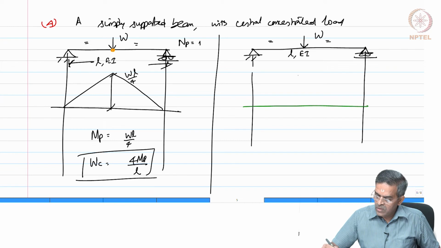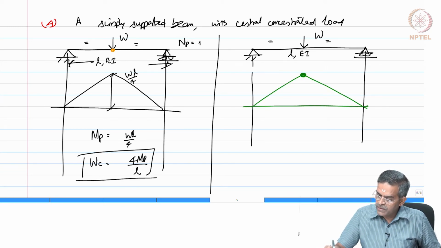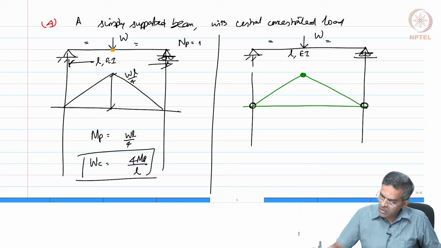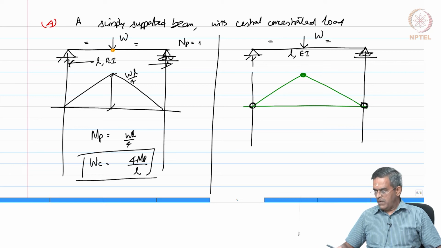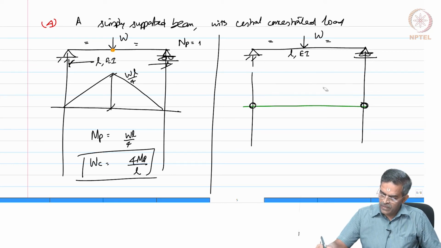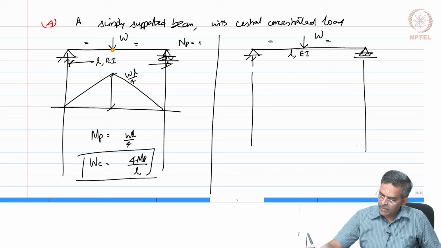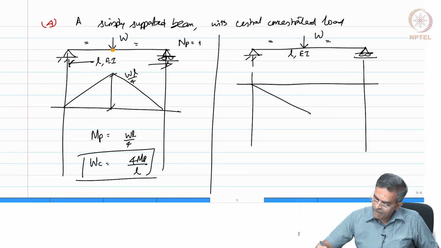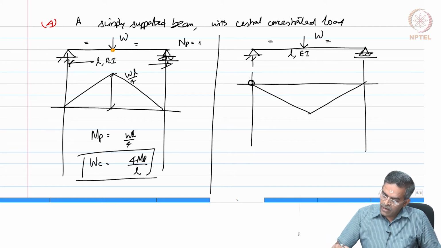We know that the hinge will form here, and at these two locations there will be structural hinges. Or let us draw it the other way. Here there will be structural hinges and here there will be a plastic hinge.